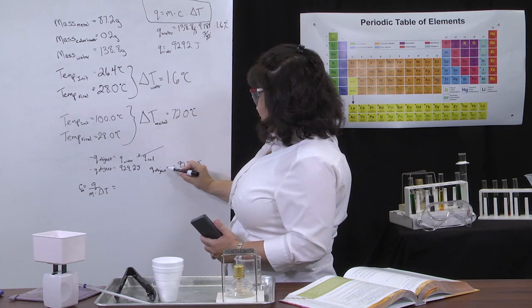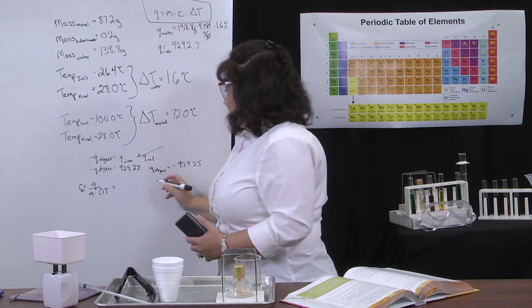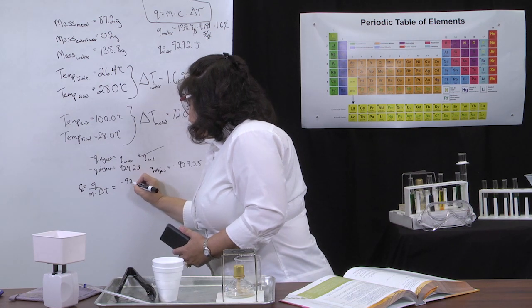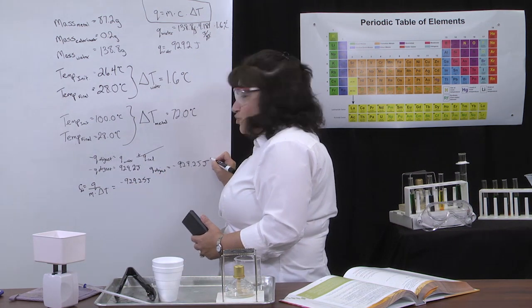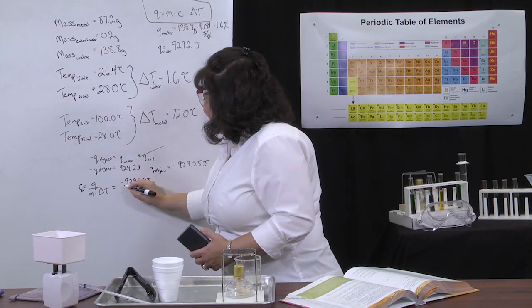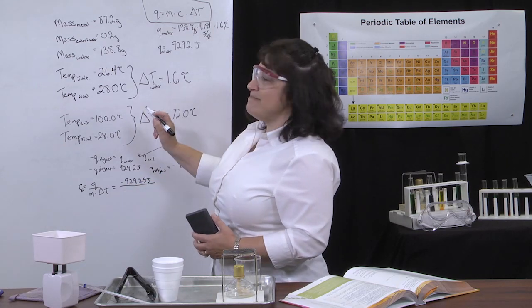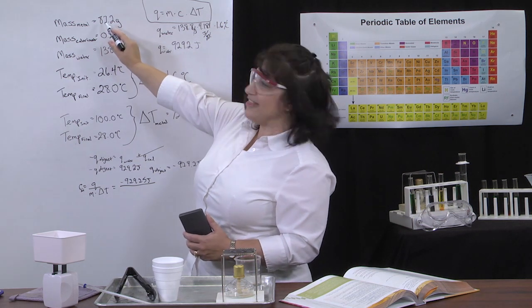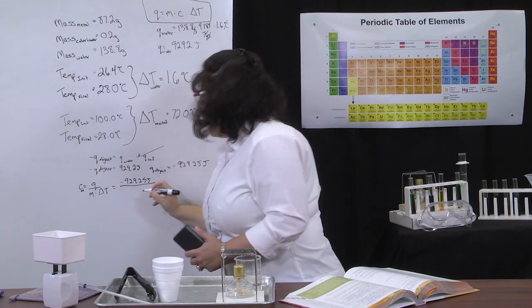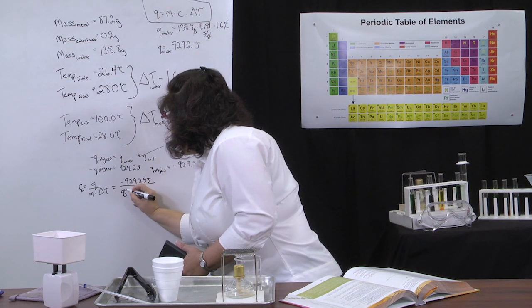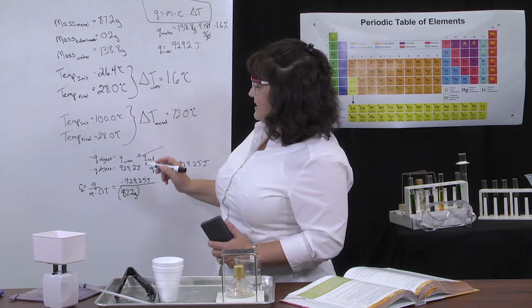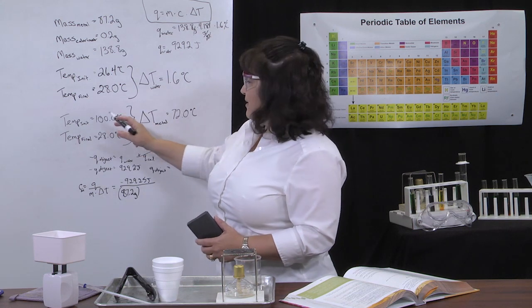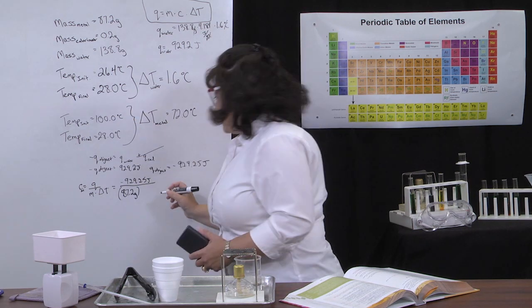So the Q of my metal, I just calculated it, as negative 929.2, and I need to use my units, joules, okay? Put that over the mass of my metal. Where's the mass of my metal? I figured that out up at the beginning, 87.2 grams. And then my delta T, or the change in temperature of my metal, which is 72 degrees.